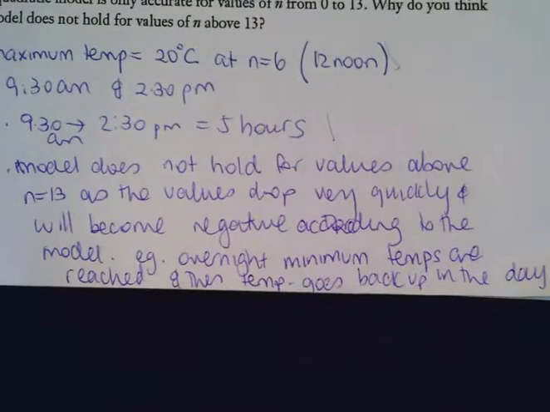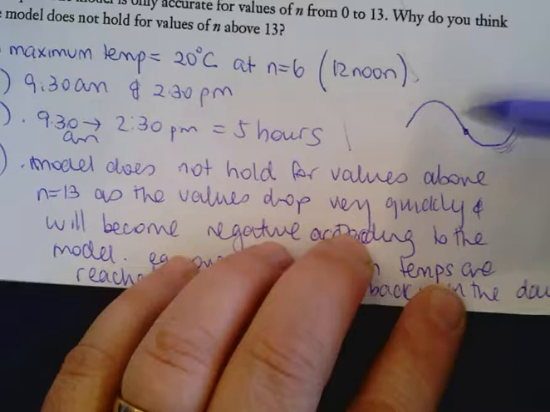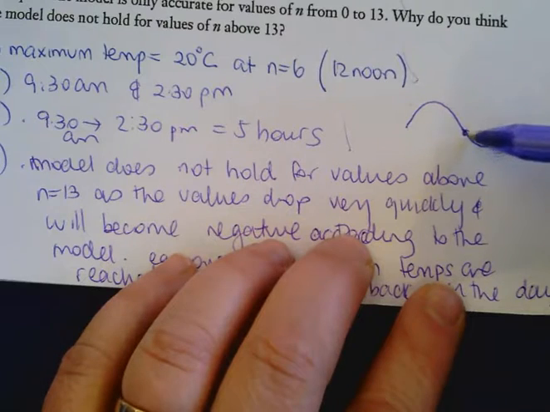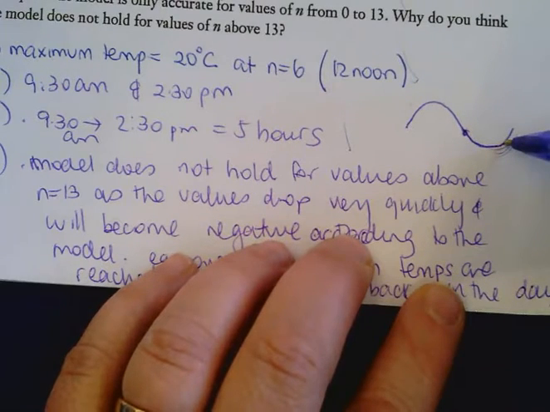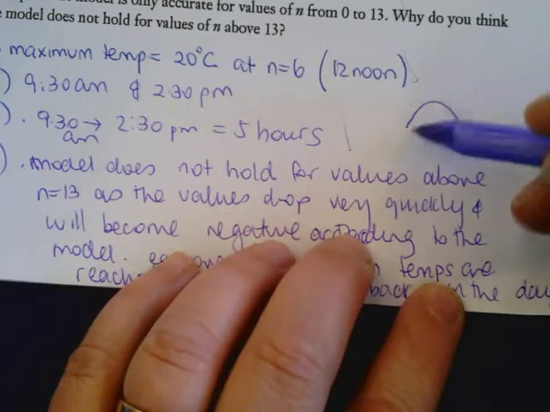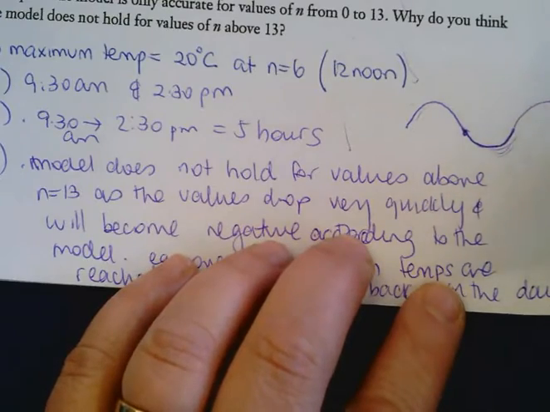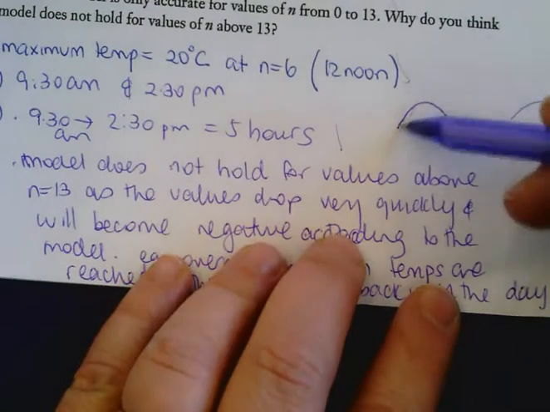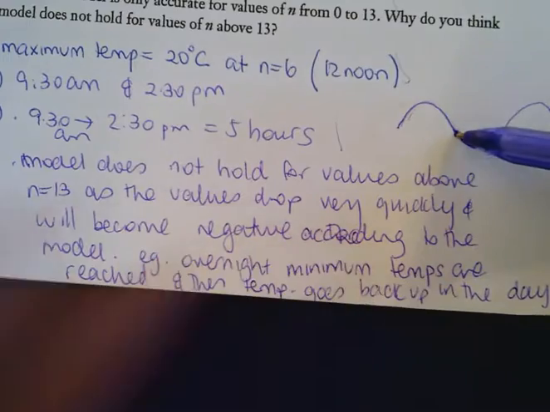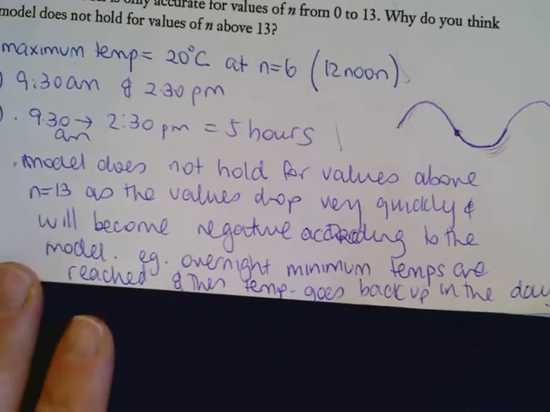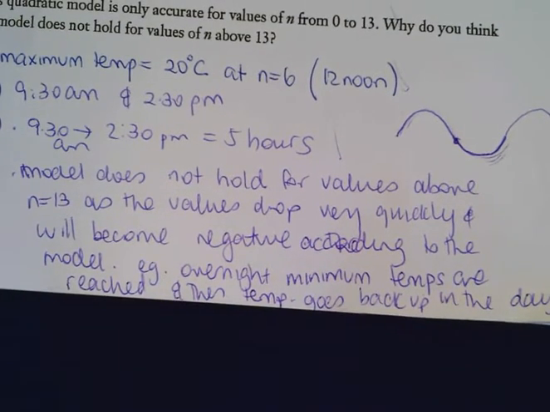So you can't keep continuing that model. Is that okay? Your temperature just stabilizes. It does go down a bit through the middle of the night, then it heads back up. That's really what happens to the temperature cycle. It goes up and down, but the model is only good till about there. Then we have to ignore the model after that.